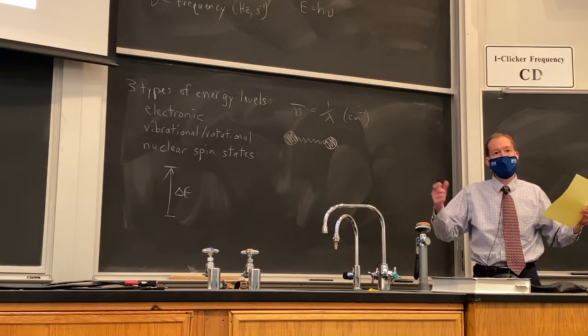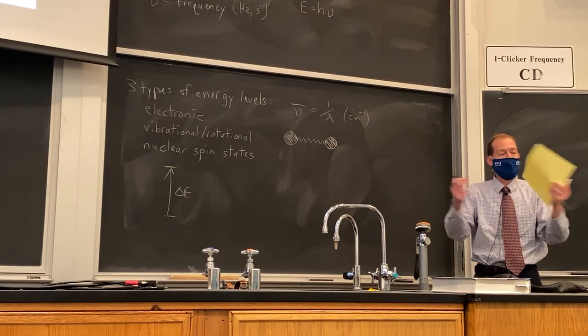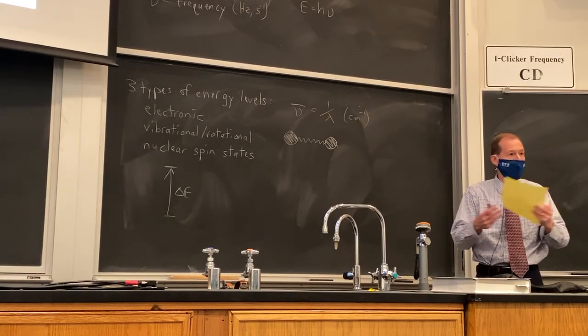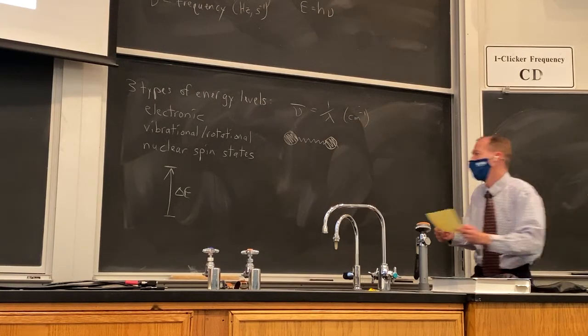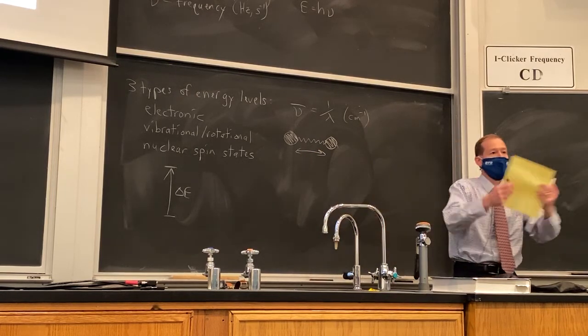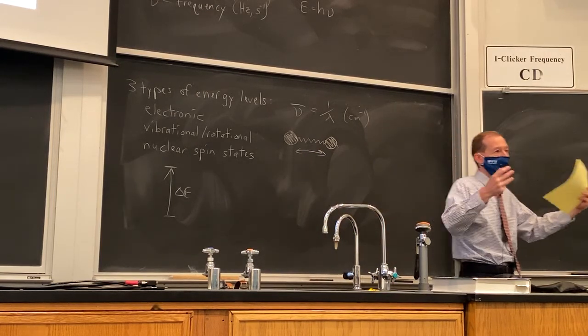We're familiar with bond lengths, but what we don't realize is that those bond lengths are not static. We can actually stretch our bonds. They can vibrate. And so when we absorb the right amount of energy, our bonds can vibrate or stretch.